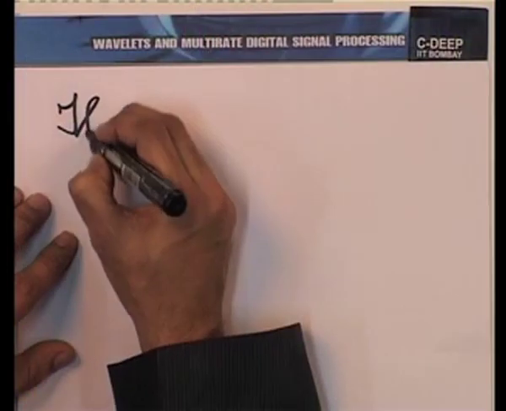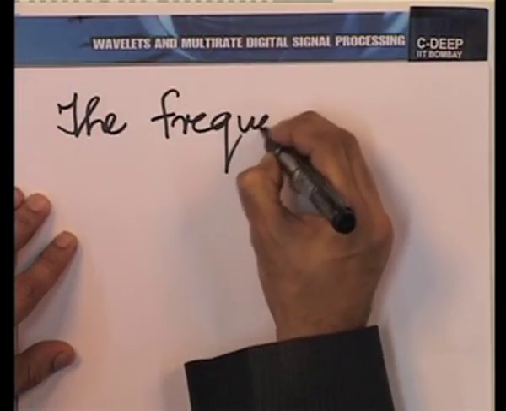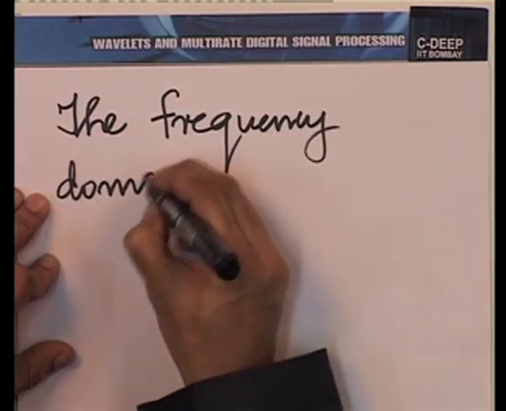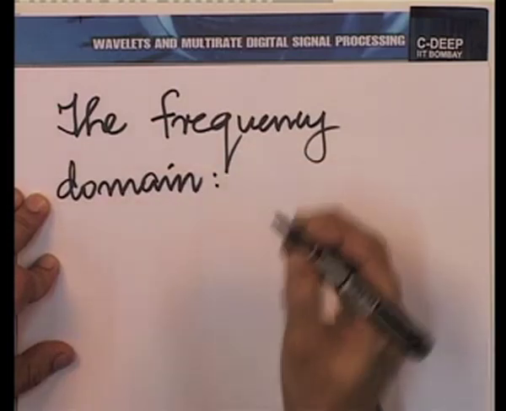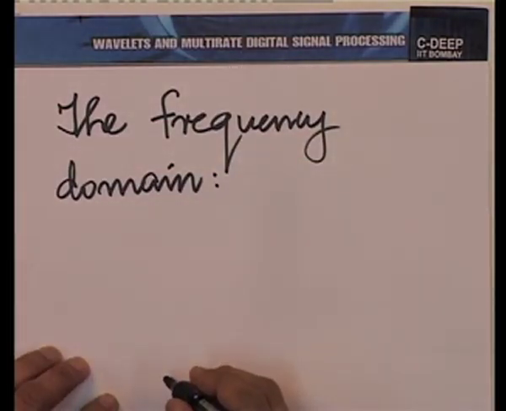So, our objective here is to look at the frequency domain behavior. And how would we get a frequency domain representation of the Haar filter bank?